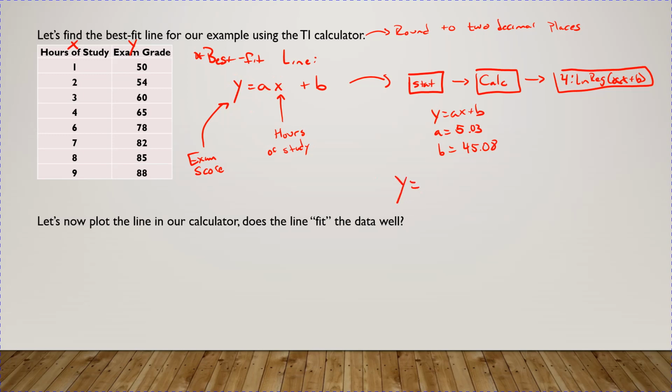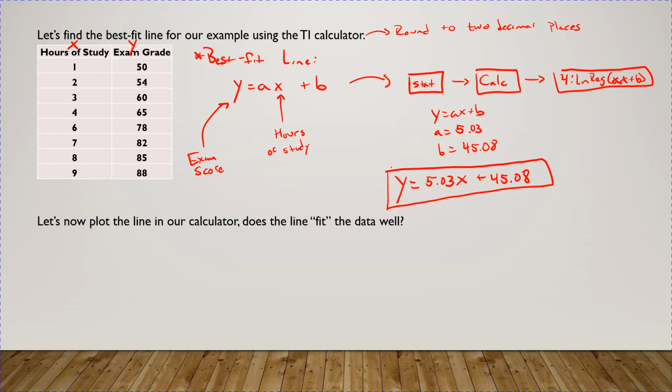Y is equal to a, which is 5.03, times x, which is going to be how many hours you're going to study, plus 45.08. And what I'm claiming to you is that this right here is the line that best fits your data. Okay, so it's really like your calculator just boom, boom, boom. It just does it for you really, really quickly.